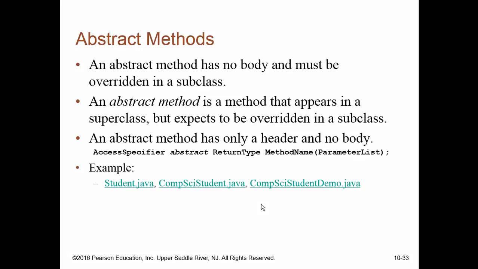Not only can you create an abstract class, you can create an abstract method. If you create an abstract method, it has no body. But what it does is you put an abstract method in an abstract class. Say I had speak in there, like we looked at before.